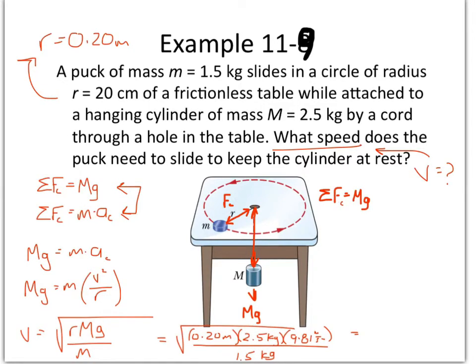And I get a grand total of 0.57 meters per second. That is our velocity at any one point that the puck has as it's swinging around the table. So it's the velocity at that point right there, that point right there, and so forth. 0.57 meters per second.